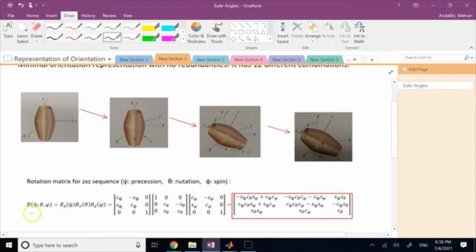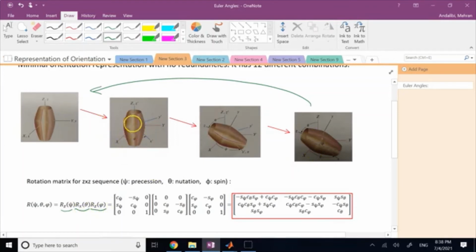So if I ask you what is the rotation matrix that can be equivalent to all 3 of these, so instead of going step by step, I want to go directly all the way back. How can I do it? You will say, well, first you did the rotation of z with angle psi, then you did the rotation of x with angle theta, and then you did the rotation of z again, current z, with angle phi.